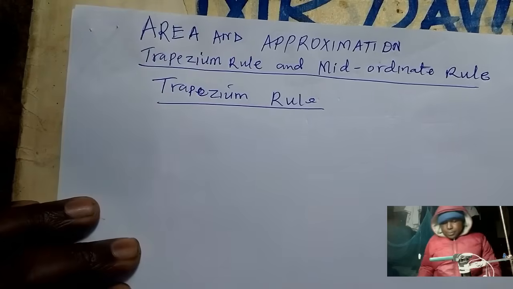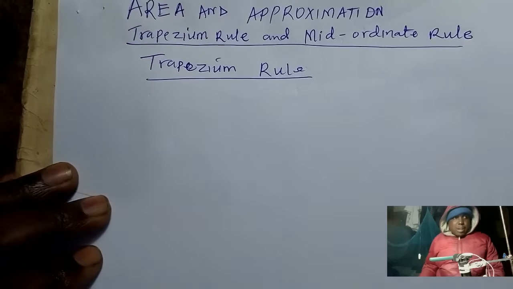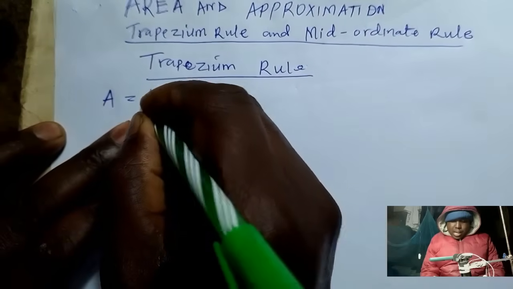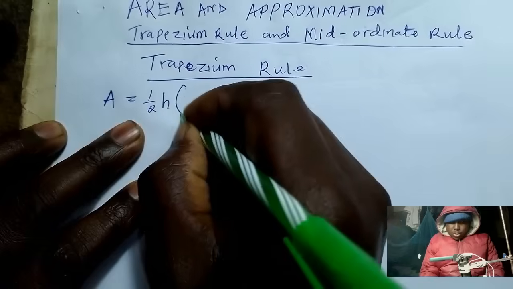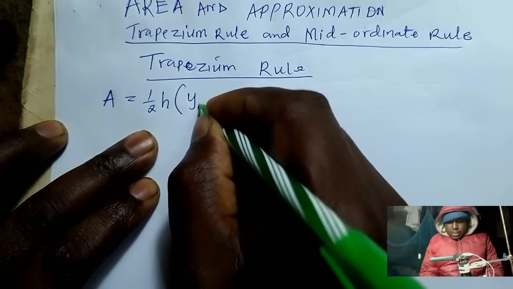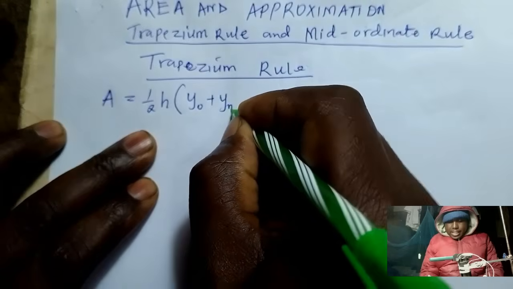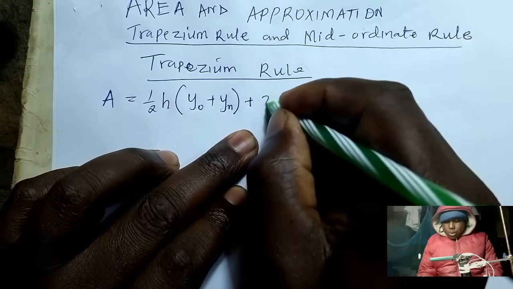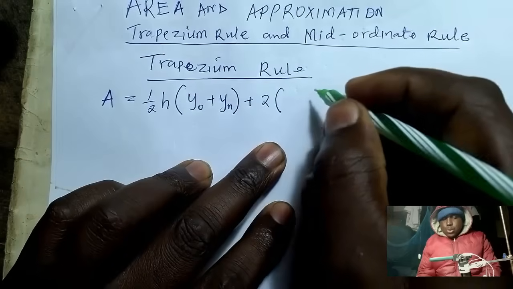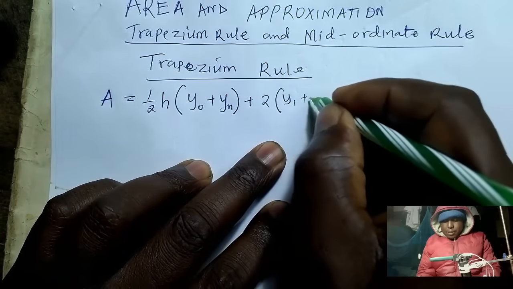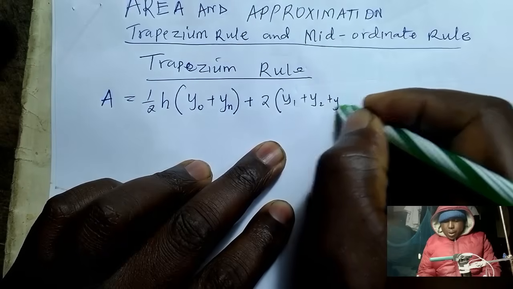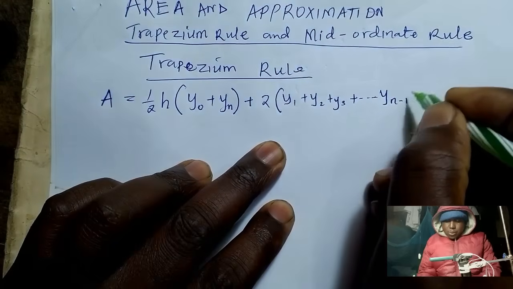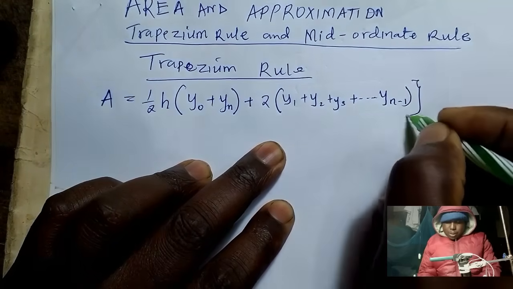Trapezium rule. How is the trapezium rule stated? Area using the trapezium rule is equal to a half h, into the bracket y naught plus yn, close the bracket, plus 2 into the bracket y1 plus y2 plus y3 and so on up to y n minus 1, close the bracket, close the big bracket.